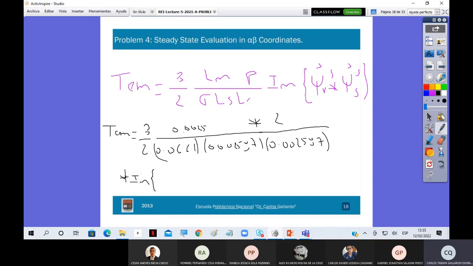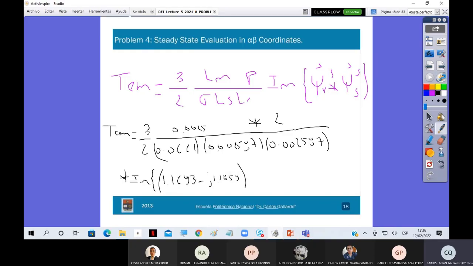So we have already computed the rotor flux space vector, 1.1693 minus j 1.1859.